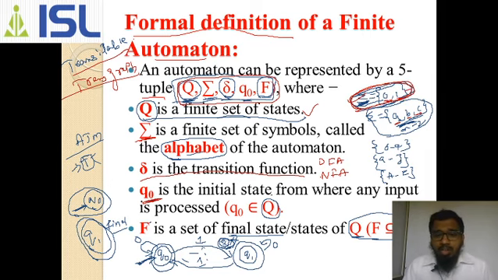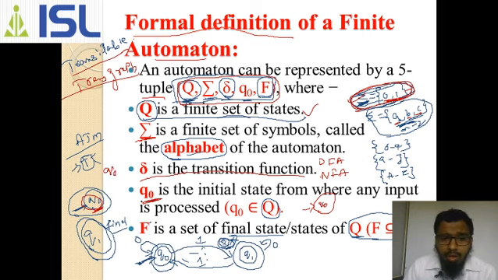So here the initial state should belong to Q. You cannot take, for example, 0, 1 as the initial state. You should take Q0 like this. You cannot take some other elements. So here Q naught is the initial state. How will you represent it? Like this: Q naught, circle and single arrow.